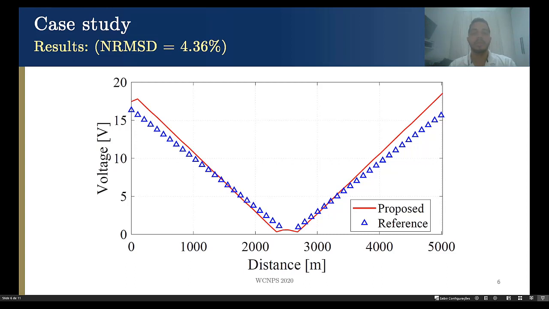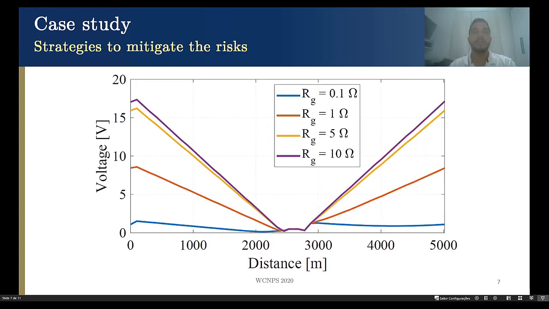To reduce the induced voltage, it is chosen to use ground resistance at the pipeline ends. These figures show the induced voltage along the pipeline for different ground resistance values. This figure shows how the induced voltage varies according to the value of ground resistance employed.